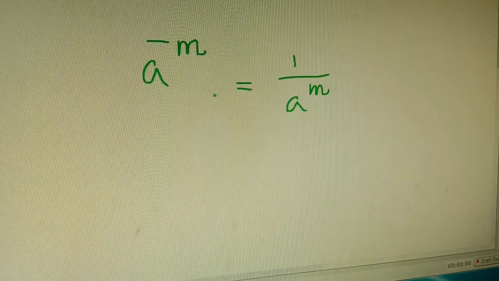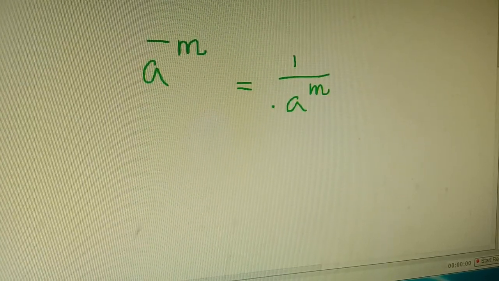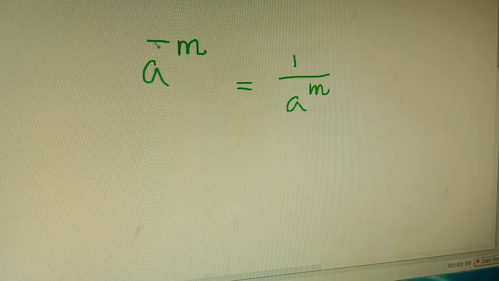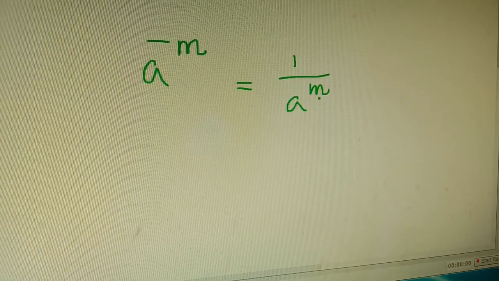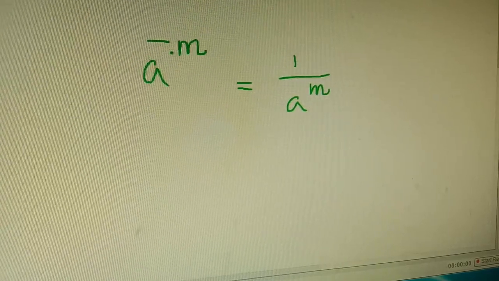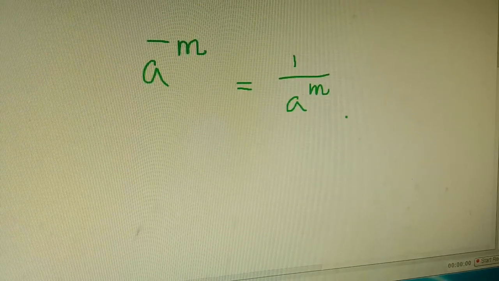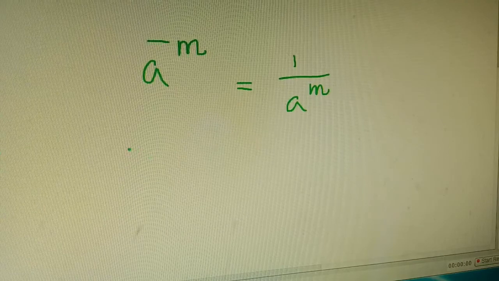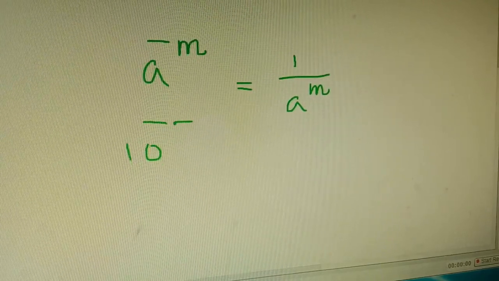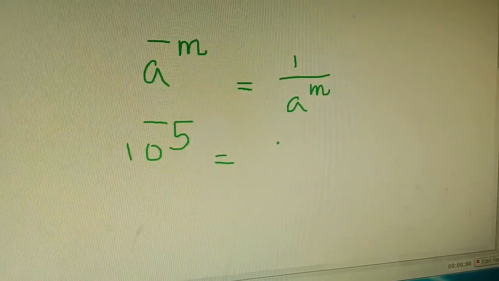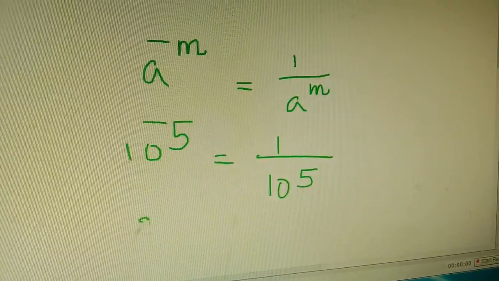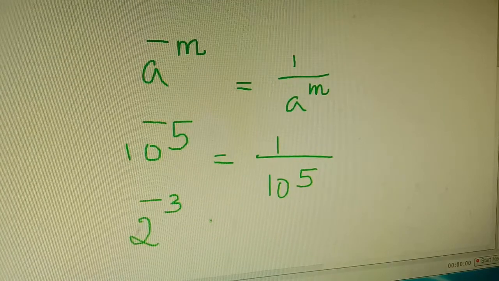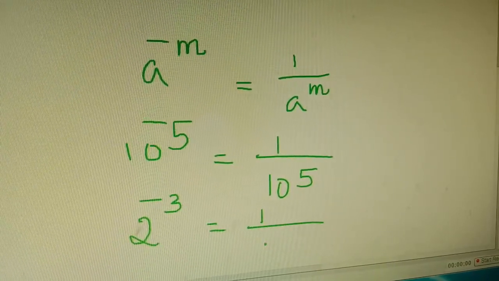So a negative power is actually the reciprocal of the positive power. a to the power of negative m is the reciprocal of a to the power of m. Example, 10 to the power of negative 5 is actually 1 by 10 to the power of 5. 2 to the power of negative 3 is 1 by 2 to the power of 3.